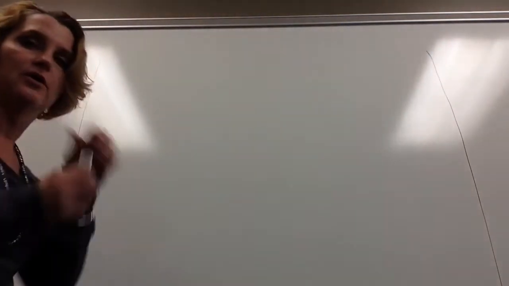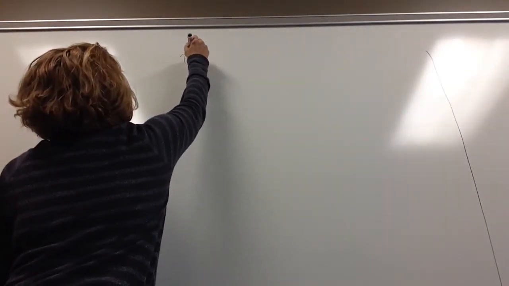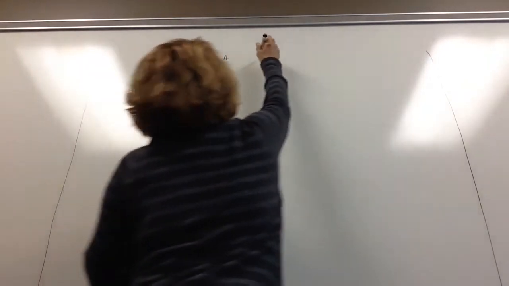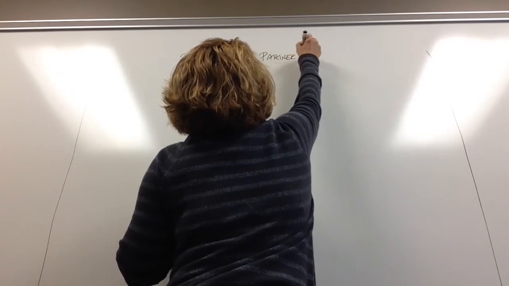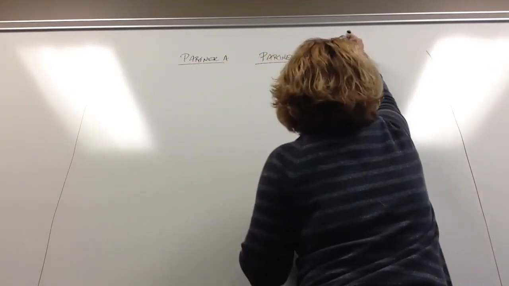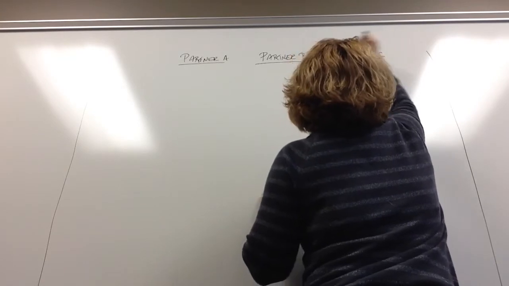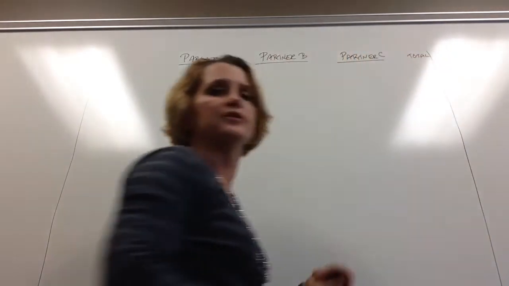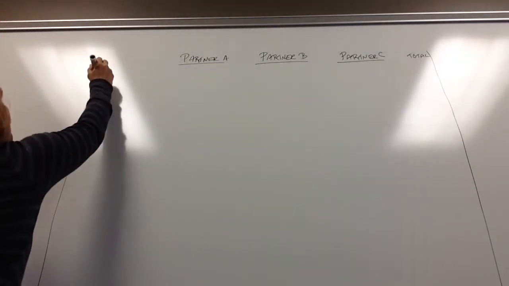So we'll put it all together to say, okay, we've got our three partners. So we've got partner A, partner B, and partner C. And then we have a total, or at least for some of them we may use that total. Okay, so our first thing is our beginning balance.